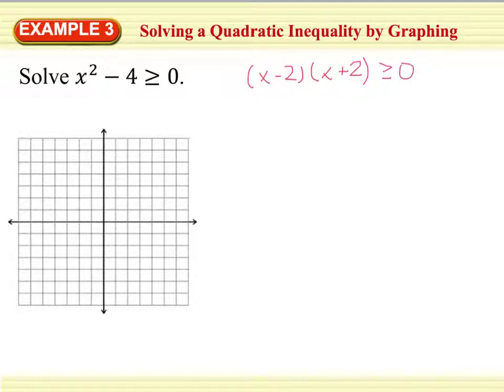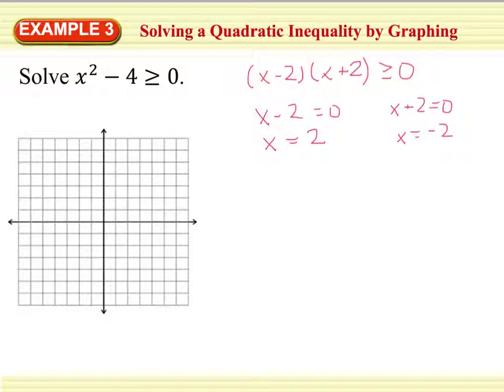Next, I'm going to set each factor equal to 0. So I have x minus 2 equals 0, and x plus 2 equals 0, and I'm going to solve for x. So my two x-intercepts are going to be 2 and negative 2. And I can go ahead and plot those right now.